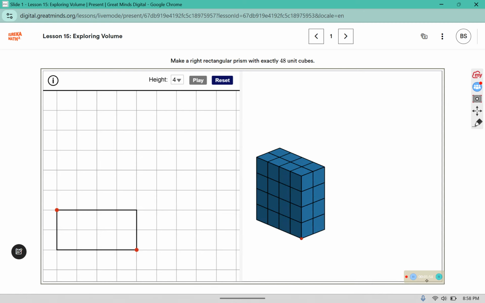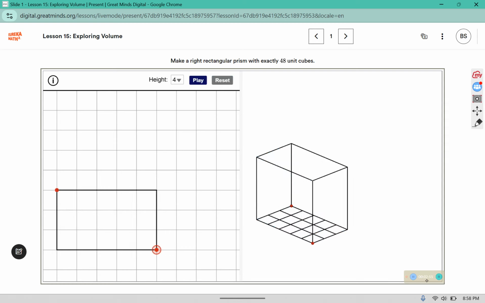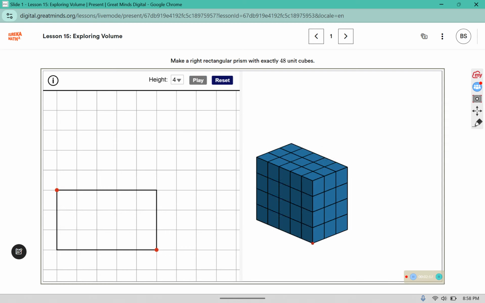Here I have a 2 by 4, which makes 8, and that's 4 tall, so that would be 8 on the bottom, 16, 24, 32, but I need to get to 48. So what if I made it bigger? Now there's 15 on the bottom.